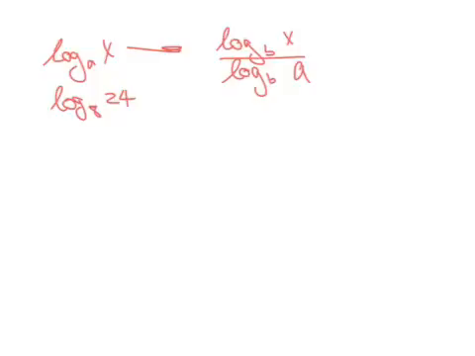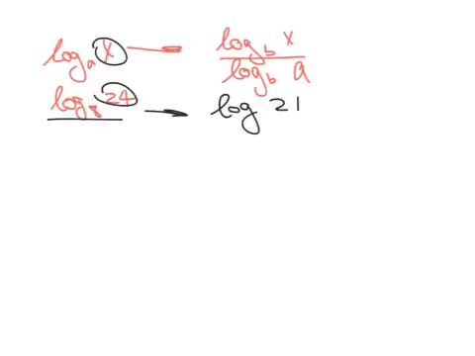So what is this going to look like? It's going to look like this: log of x, which in this case is 24, over the log of a, and in this case it's 8.